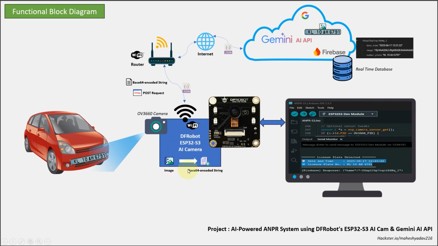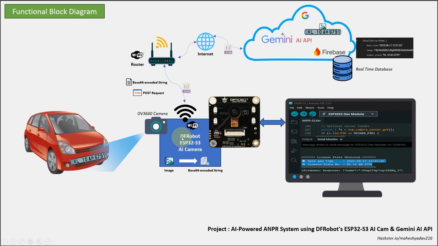So what we are doing here is capturing an image of a license plate, then asking the Gemini AI API in a prompt, like we ask in any AI chatbot, what is in that image. I will show that query in the code.